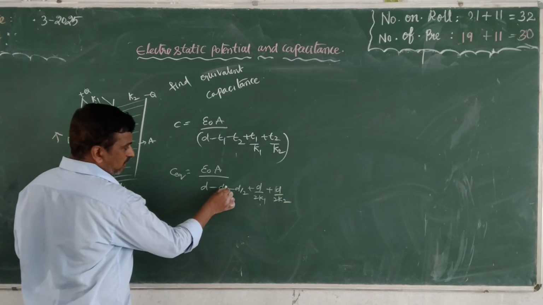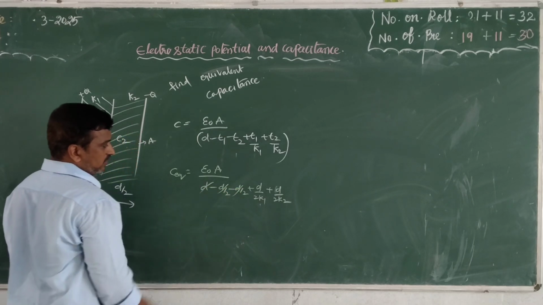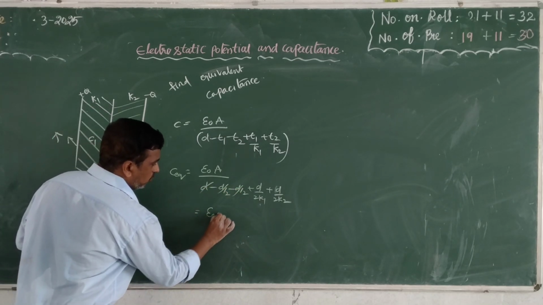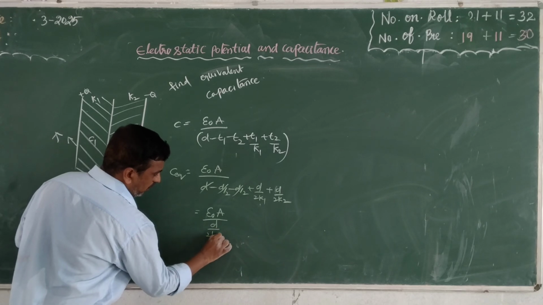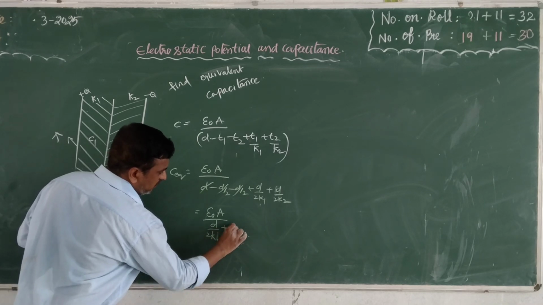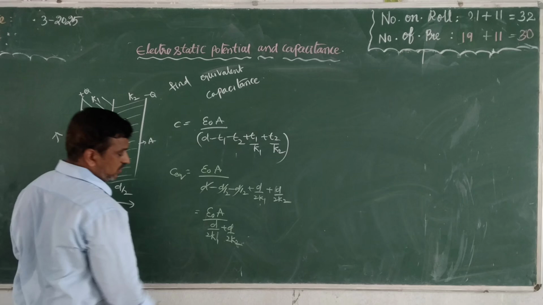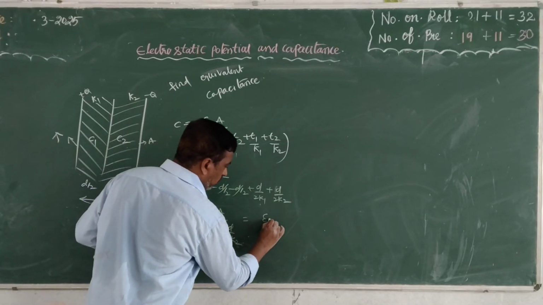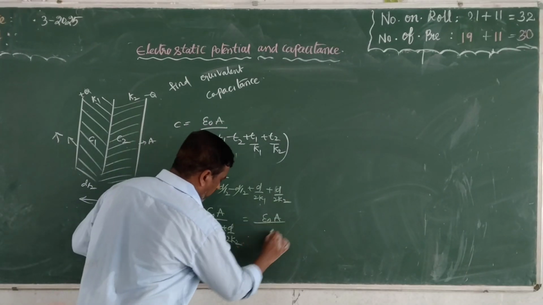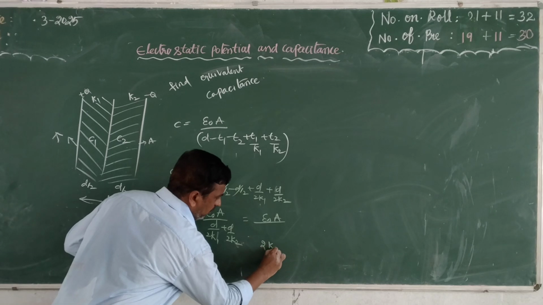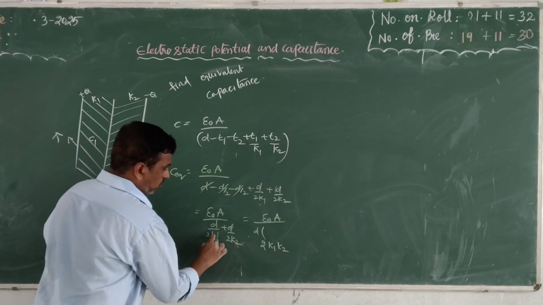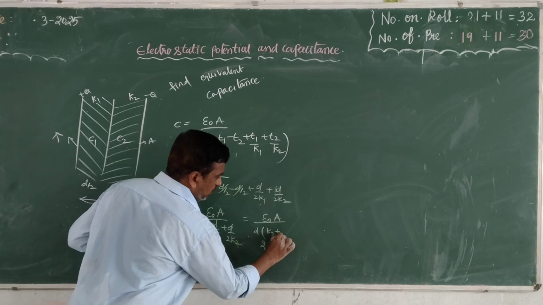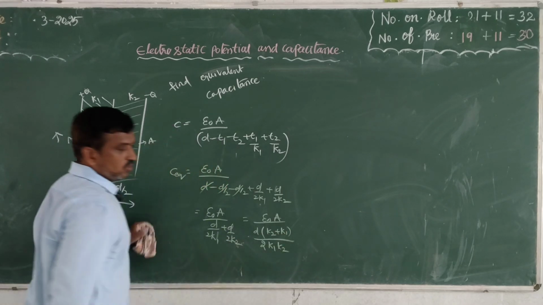See here, D by 2 and D by 2, the D we can cancel. What we get is epsilon naught A by D by 2K1 plus D by 2K2. Here we can take the LCM, 2K1 K2, D common: K2 plus K1 by 2K1 K2.